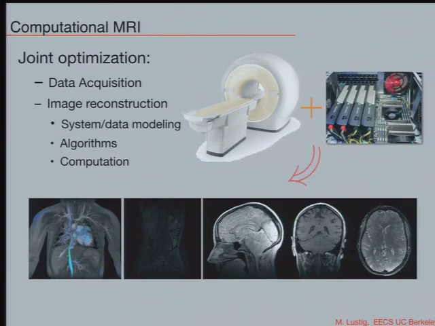So it affects both the way the data is acquired, collected, manipulated, and how the data is reconstructed, all jointly together in optimization. So both hardware, firmware, and software of this amazing machine, which is called MRI.